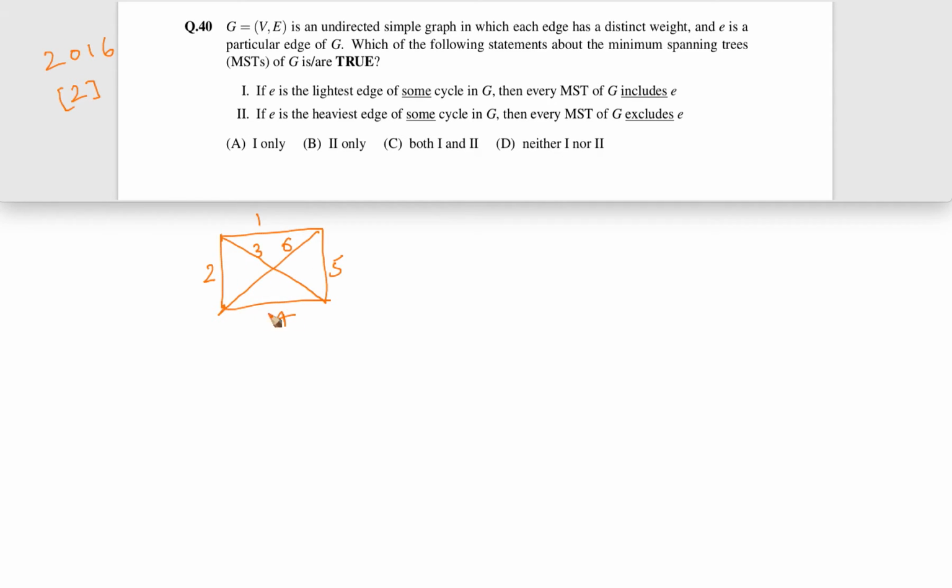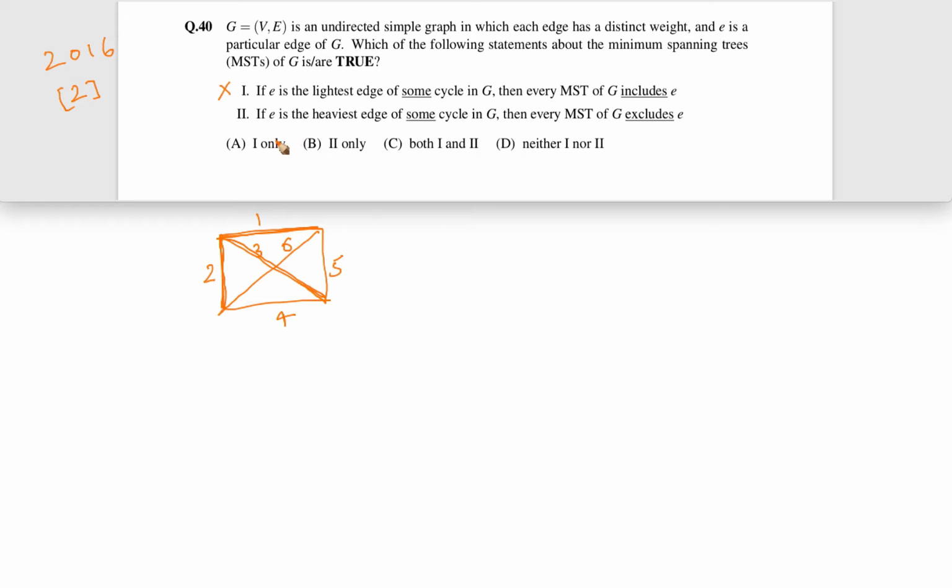But when we try to find an MST, we have an MST something like this. So this is an MST, it covers all the vertices. Now, this is a loop and e is the lightest edge of some cycle of G. So in this cycle, the lightest edge is this one. Then every MST of G should include e. Now this MST includes edges 1, 2 and 3, but it does not include 4. So this statement is false.